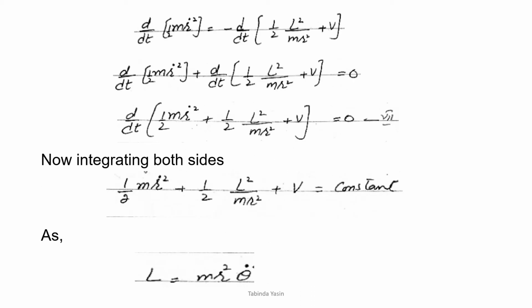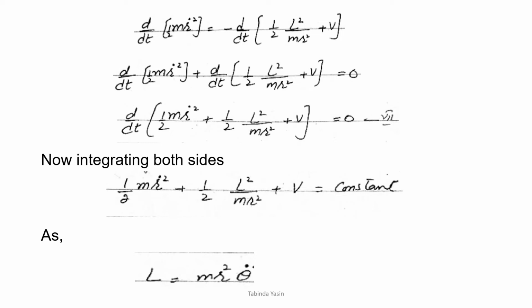So by substituting that value we get d by dt into 1 over 2 m r dot square, bracket close, is equal to minus d by dt into 1 over 2 L square over m r square plus V. So d by dt into 1 over 2 m r dot square plus d by dt into 1 over 2 L square over m r square plus V, bracket close, is equal to 0.